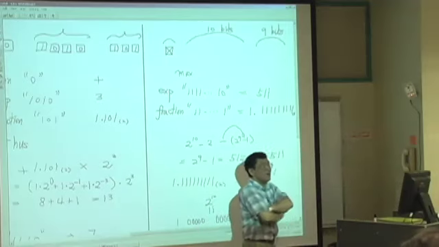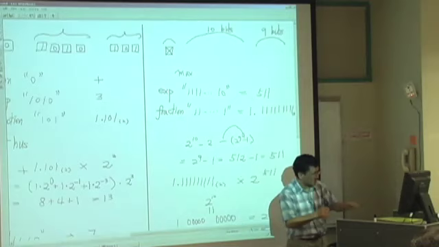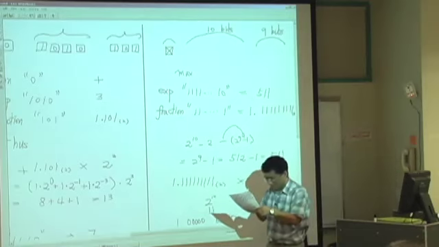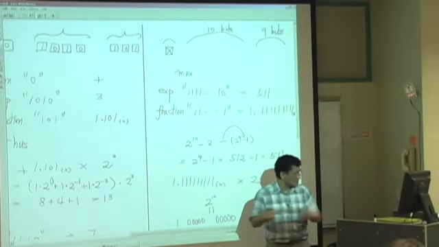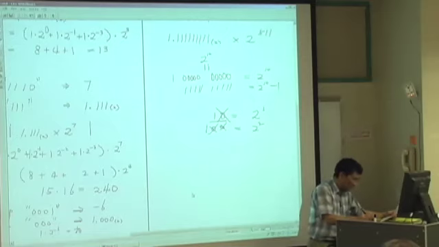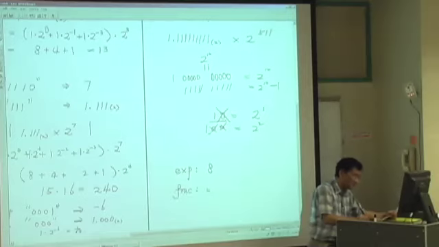How does IEEE assign bits? How many bits are assigned for fraction? How many bits are assigned for exponent? So this is it. IEEE follows this scheme with this design. Exponent bits is 8, and fraction bits is 23, and then sign bit is 1, and then the total number of bits used here is a 32-bit number.